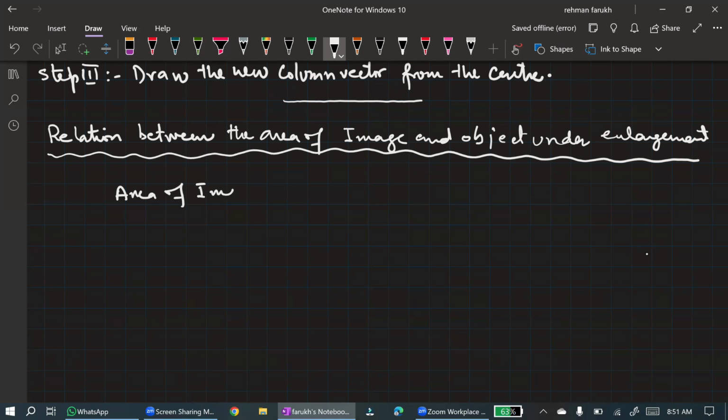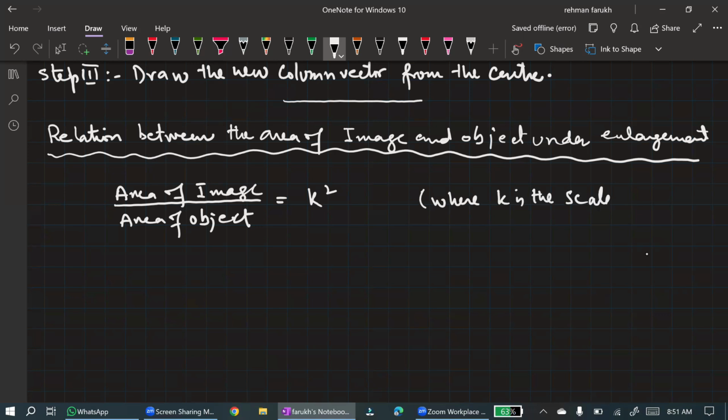Area of image divided by area of object is equal to k squared, where k is the scale factor. This one is the relationship between the area of image and object.